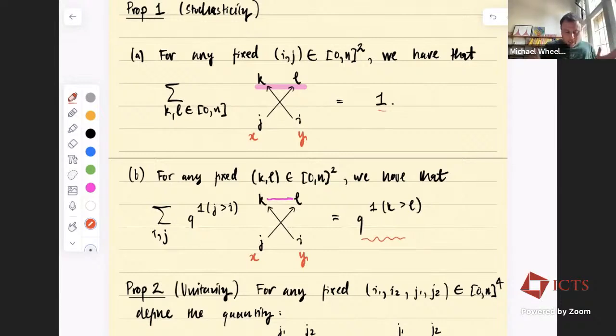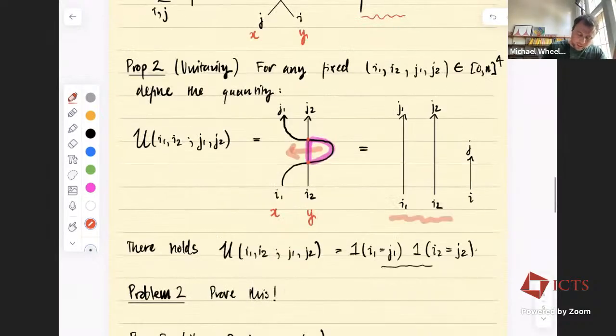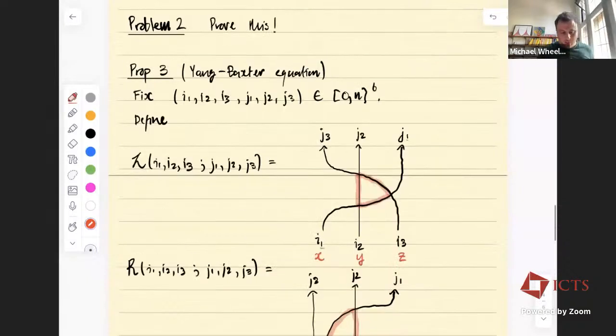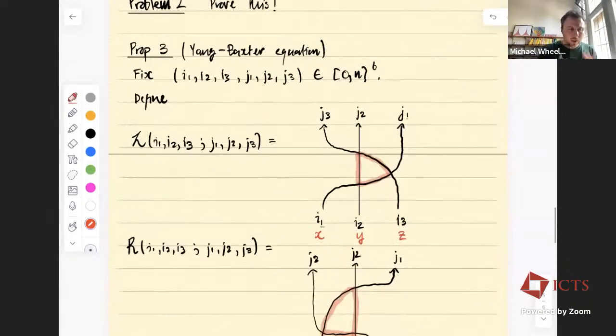So yeah, I perhaps should have said before, really, all of these properties, unitarity and the Yang-Baxter equation, they have nothing to do with probability a priori. So these are just some algebraic equations that you can write solutions of. But there's an extra thing that you can add on top of this, which is the stochasticity. Okay? So it's like an extra thing that we add after we have both of these properties.